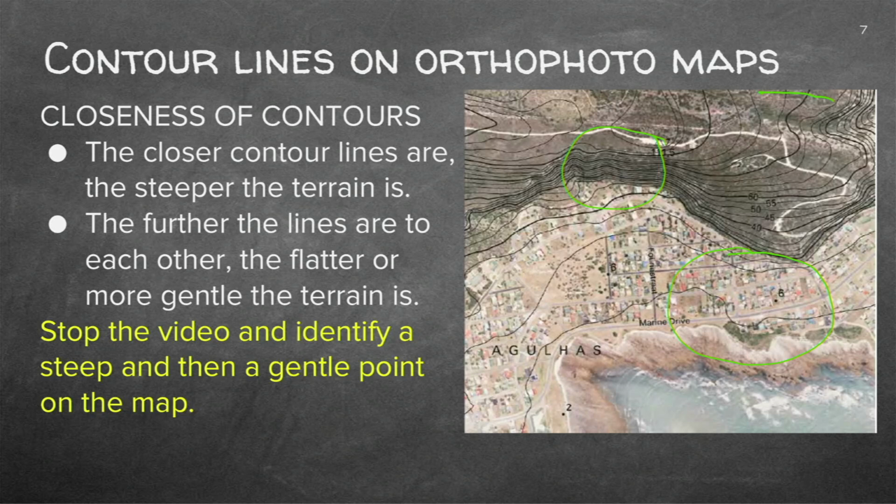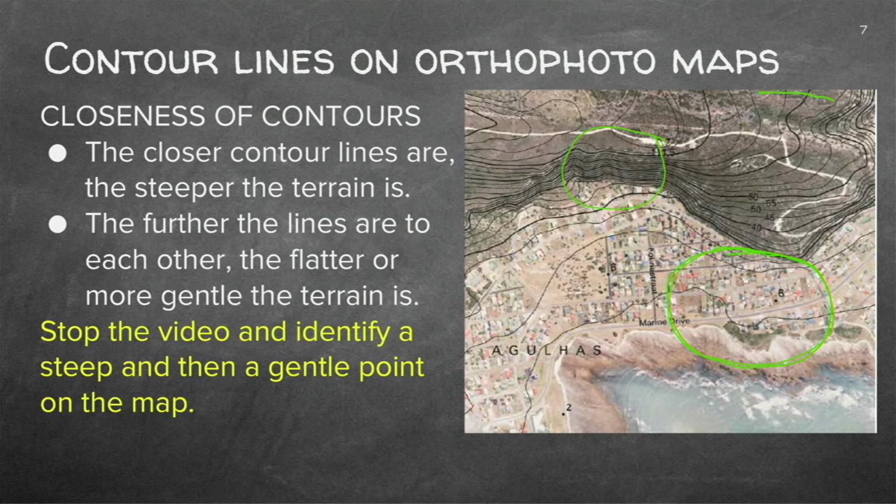But compare that to this area where you have very loosely spaced contour lines. That tells you that the terrain is very flat or quite flat, okay? And that is indicated by well spaced out contours.